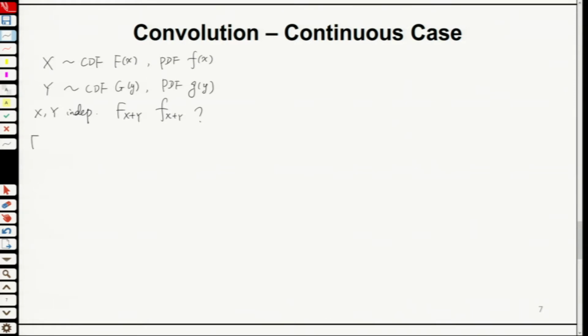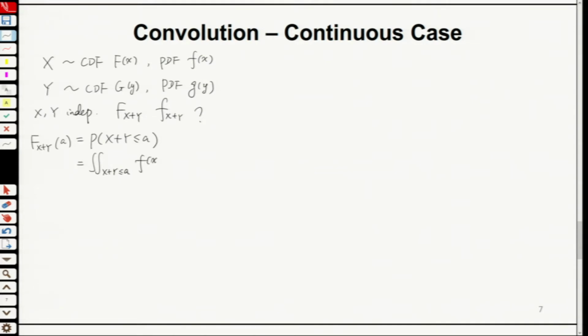Let's first derive the CDF function of x plus y. Suppose this is a. So this will be the probability that x plus y is less than or equal to a. This is the definition. So we just need to do the integration over the region where x plus y is less than or equal to a.